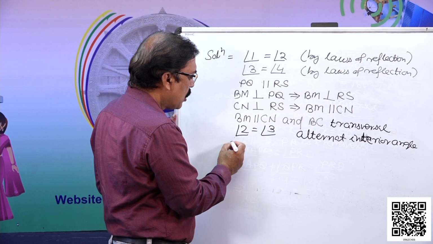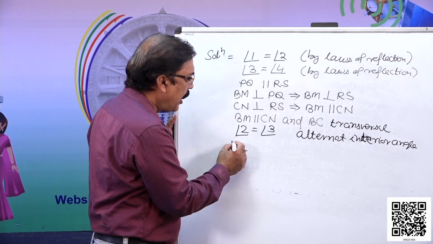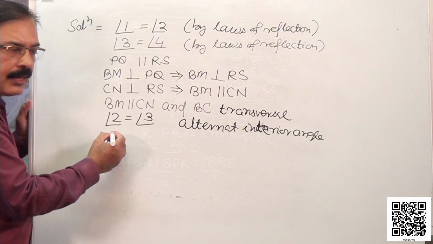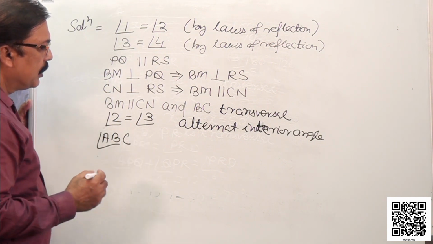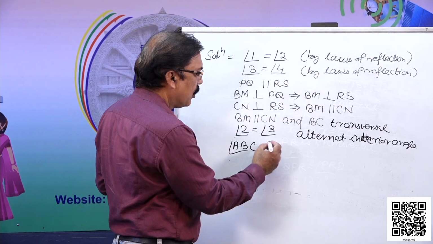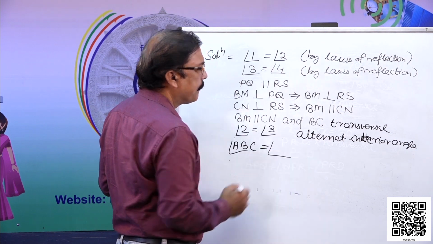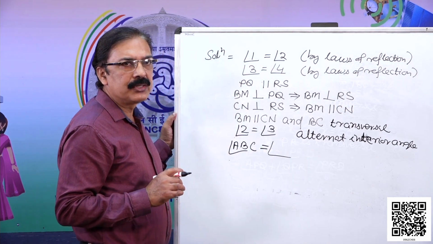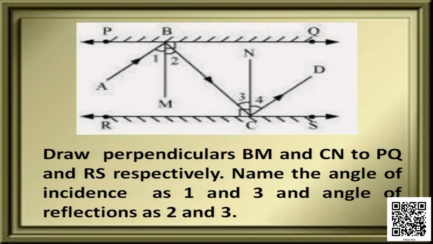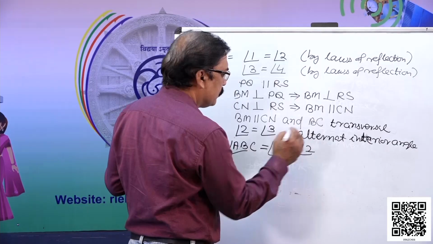If we consider angle ABC, ABC constitutes angles 1 and 2. So angle 1 plus angle 2.